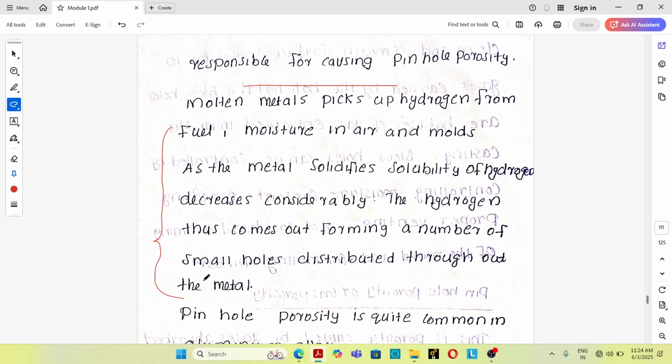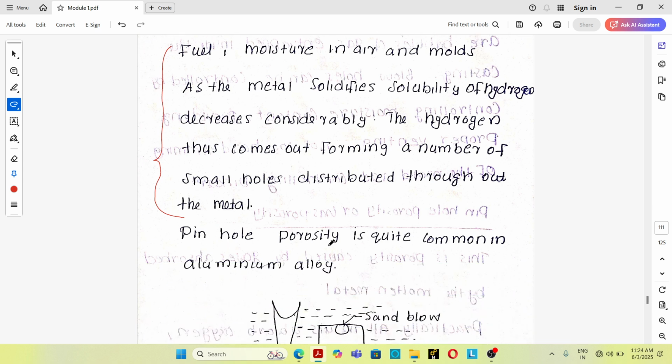The molten metal absorbs hydrogen from the surrounding atmosphere, and the solubility of the hydrogen decreases during the solidification time. The hydrogen thus comes out forming a number of small holes distributed throughout the metal.